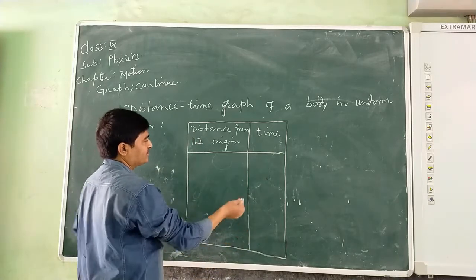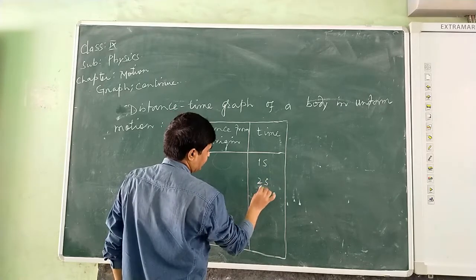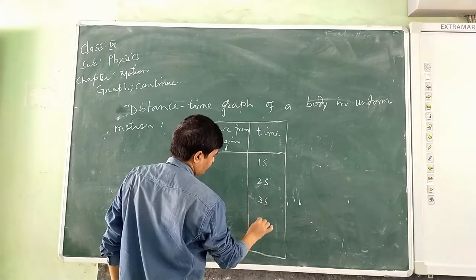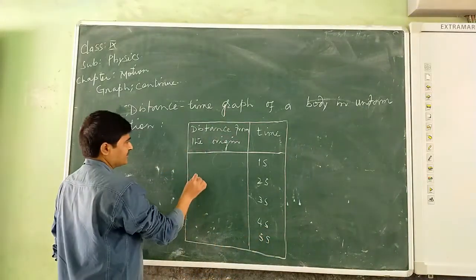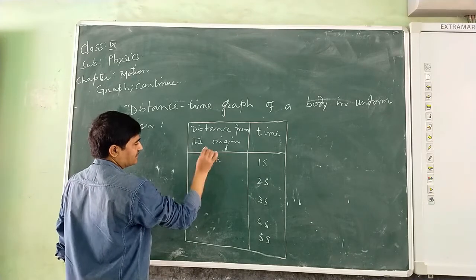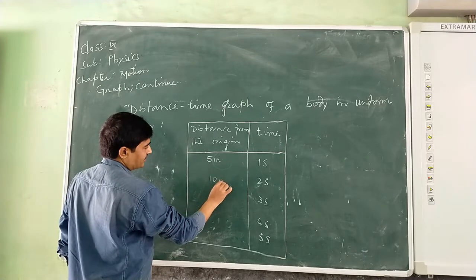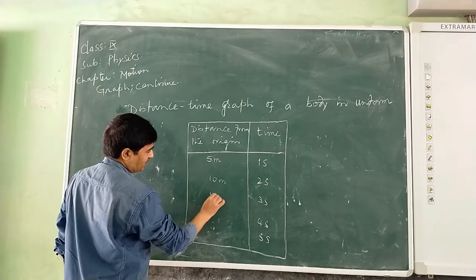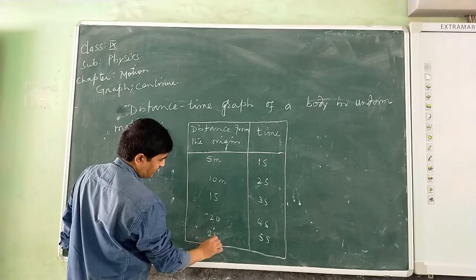Time: 1 second, 2 seconds, 3 seconds, 4 seconds and 5 seconds. Distance: 5 meter, 10 meter, 15 meter, 20 meter and 25 meter.